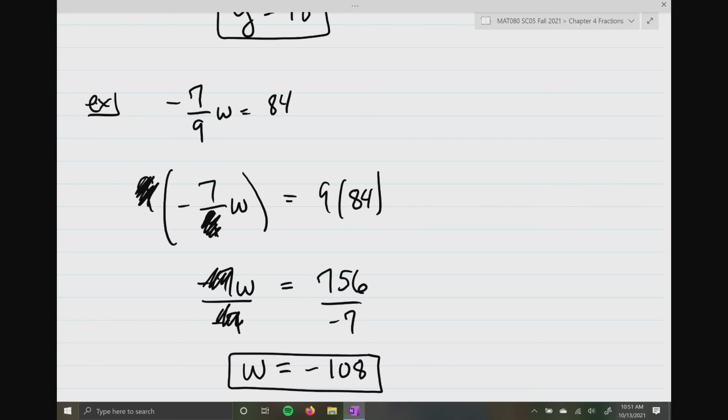If you don't like mixed numbers, convert them into improper fractions. That's fine. Then go ahead and do your math. When you solve, read the problem, okay? Read it out loud. -7 divided by 9 times W. As soon as I see that fraction and I see that denominator of 9, I'm going to multiply both sides by 9 so I can get rid of it. That's my goal. Okay? So I'm done for today.